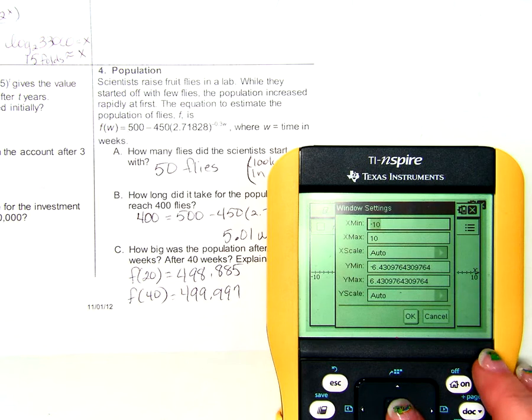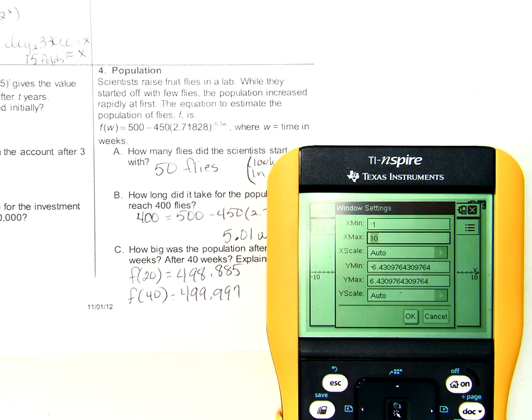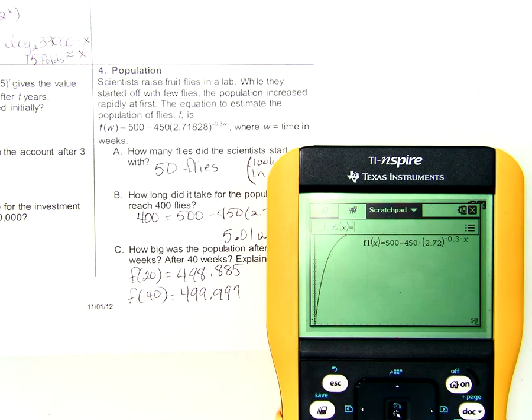Okay, so we're talking about 20 and 40 weeks, so let's start at -1, only just so we can see the axis, because we can't really have -1 weeks. And let's go to 50 weeks. For my y minimum, we'll start at 0. Oh, or we could start at 50, because that's where they started, right? 50. And then let's go ahead to 550, just so we can see everything.